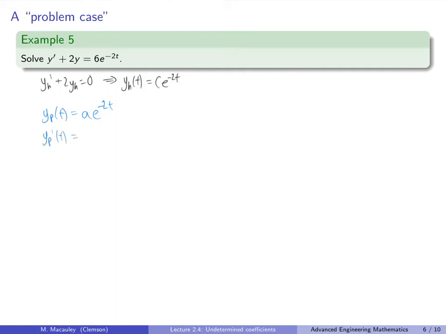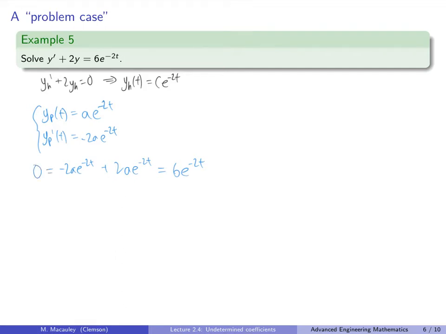So the derivative is negative 2a e to the minus 2t. Now let's plug this into the left-hand side. We get y prime is negative 2a e to the minus 2t plus 2 times y, that's 2a e to the minus 2t, and set that equal to 6 e to the minus 2t. Now, what's the problem? Well, look what happens here. This is equal to 0.